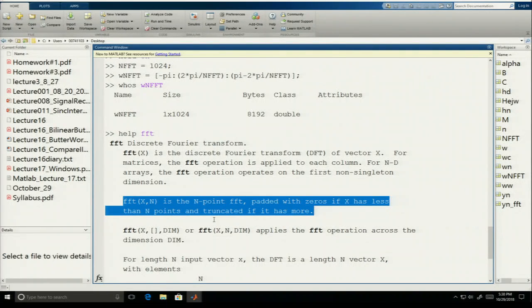Well, when you pad the sequence with zeros, it basically interpolates the frequency spectrum, so you end up with more samples. I think we'll get into that a little later. Just take my word for it for now, and we're going to get into it a little bit further when we get into frequency estimation later in the course.